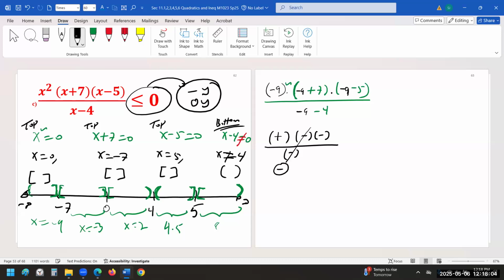Negative. And what are you looking for? Negative y. So this is negative, so you're going to have this in your interval, because this is negative. You picked negative 9 and you got the y value is negative, and you're looking for negative y value. So this has to be inside your solution set.